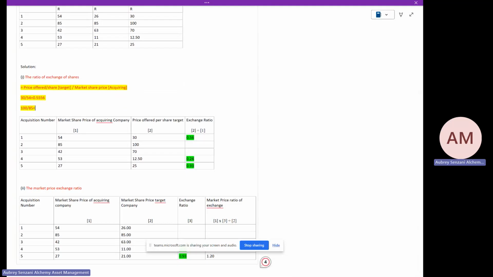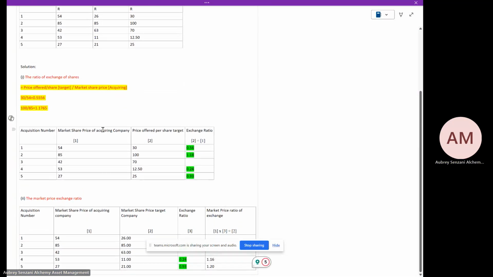Our share price on the market is 85. So here, 1.18. Then the next one. We are offering them 70 Rand per share, and ours is 42. So this is 1.67. Right, so that's the first part.